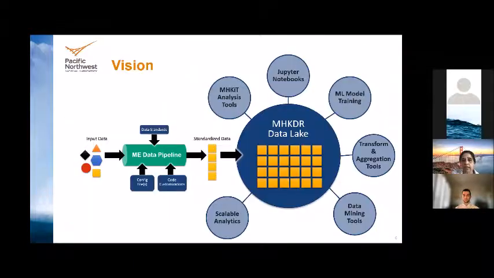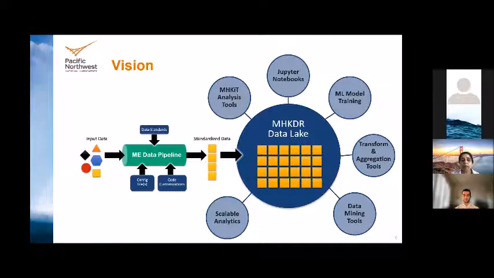Next slide. Okay, so the vision that we have is where we have a lot of raw data, different kinds of input data. We want to run it through a data pipeline using certain configuration files or domain-specific algorithms, customizations.